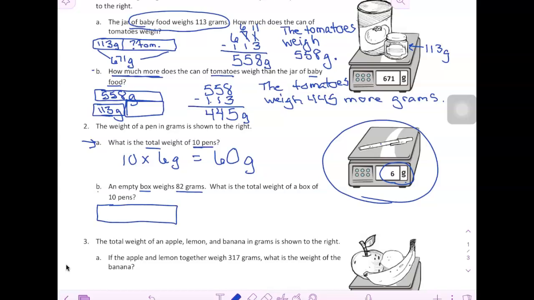So if we model that on a tape diagram, we're adding the 82 and the other part, which is 60, to get our total. So 82 plus 60 equals, well, you could add your tens, which is 140, 80 plus 60, and then your ones, which would be 2, 2 plus 0. So our answer is 142 grams.